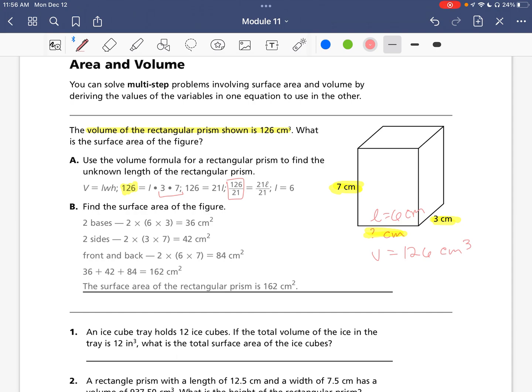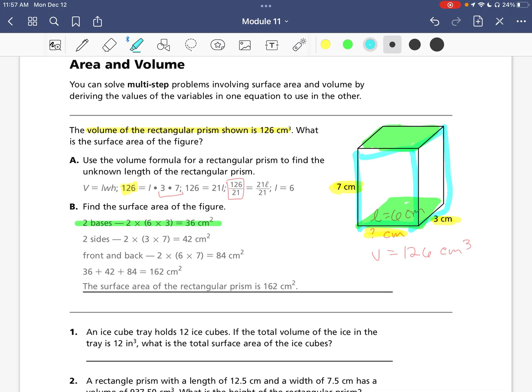So now that we have our length, our width, and our height, we're able to find surface area. So just to refresh, your surface area is that wrapping paper. So imagine you took wrapping paper and you wrapped it perfectly around this box. You would have your two bases, which is right here, and then you would have your sides.